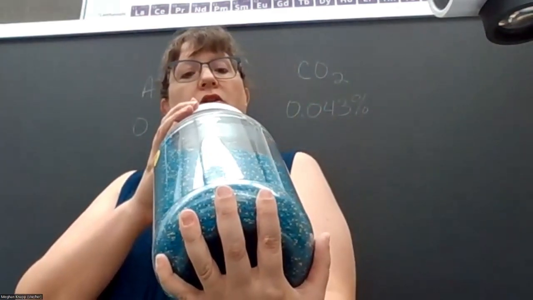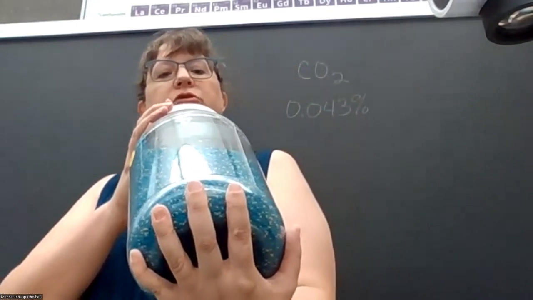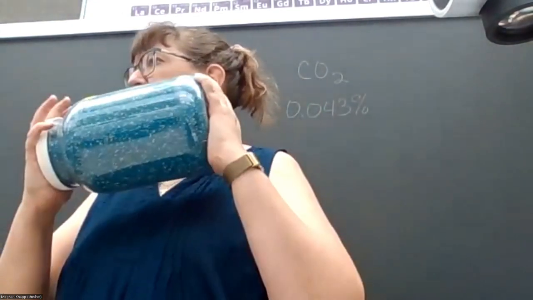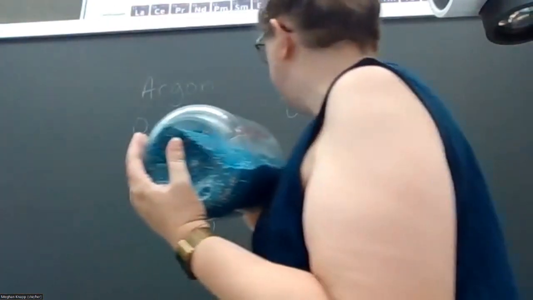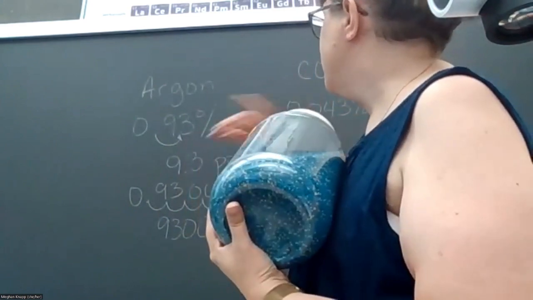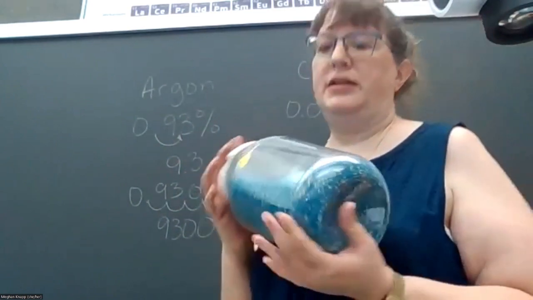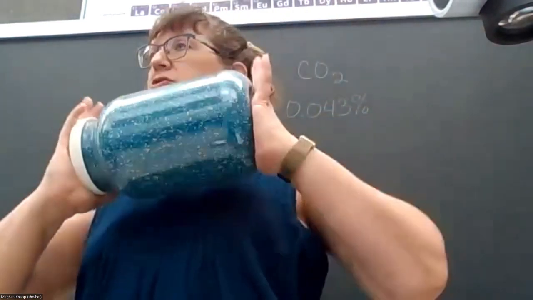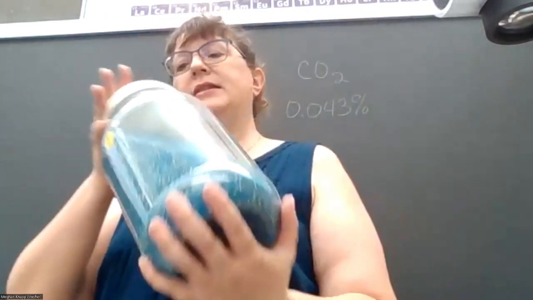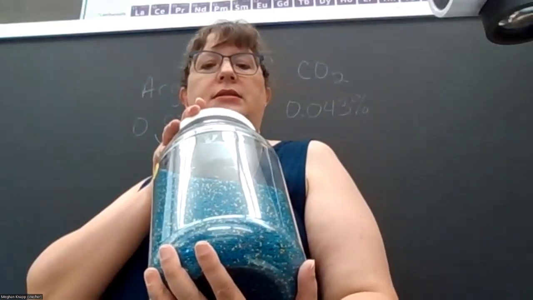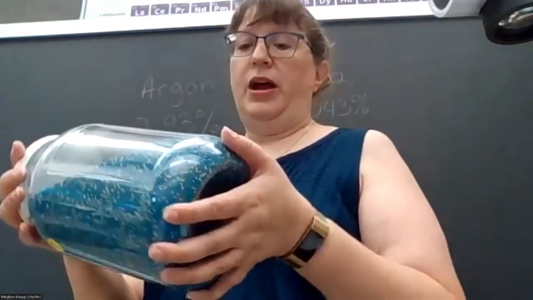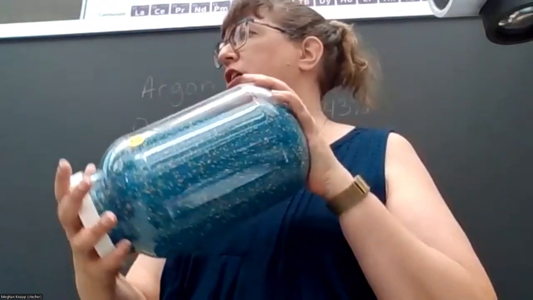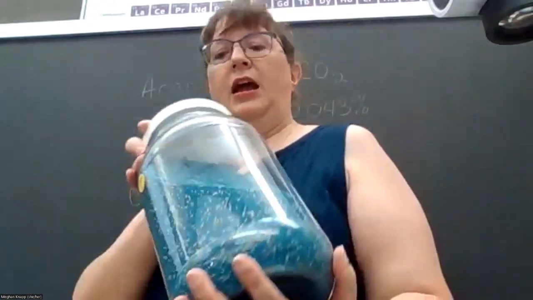So the yellow particles are 100 parts per thousand, which would be about 10 times what argon is in the atmosphere. Do you see any other colors? Red is in there. Red is about 10 parts per thousand, so the red is about the concentration that argon would be in our atmosphere.